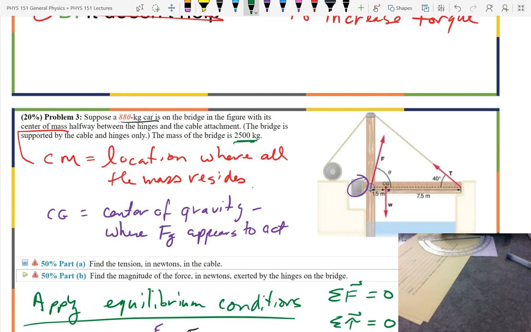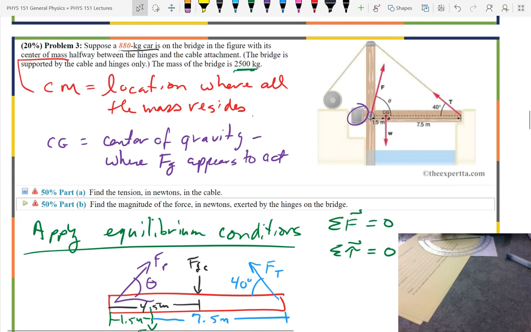And we know gravity is vertical, so we know the directions of those two. We know the angle of the tension, but not its magnitude. So that's one unknown, the magnitude of the tension. And then we don't know the angle or the magnitude of the force on the pin. So that's 2 more unknowns. So we have a total of 3 unknowns.